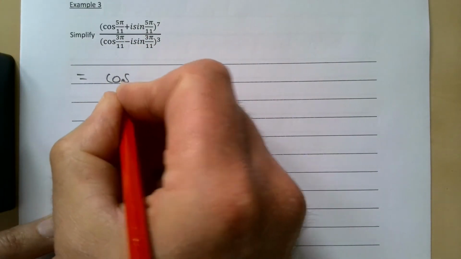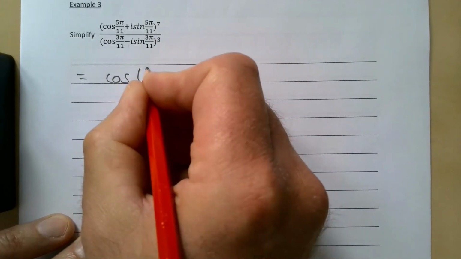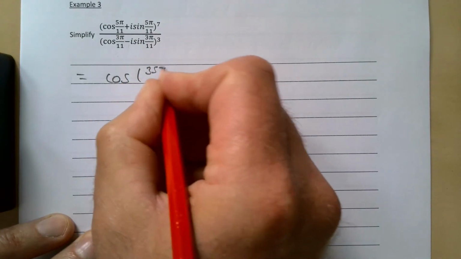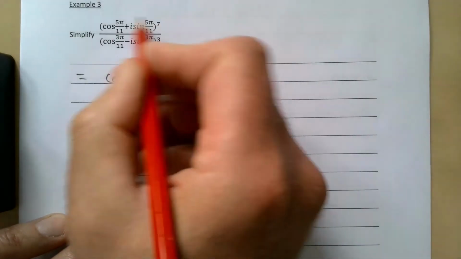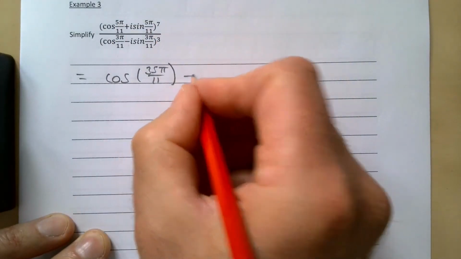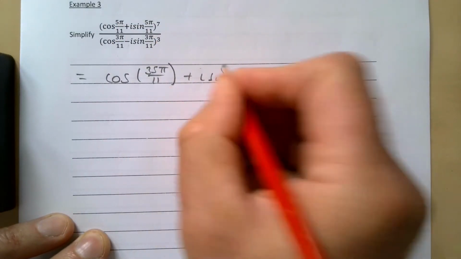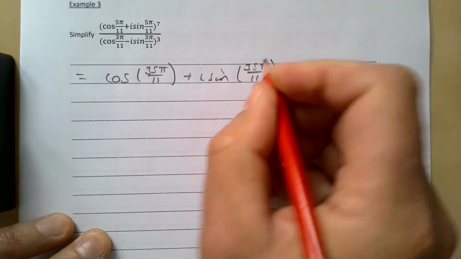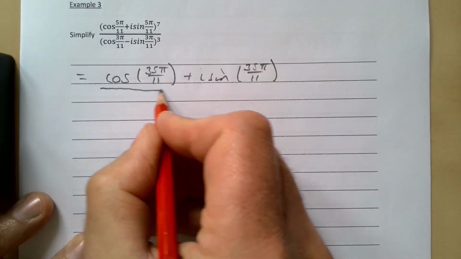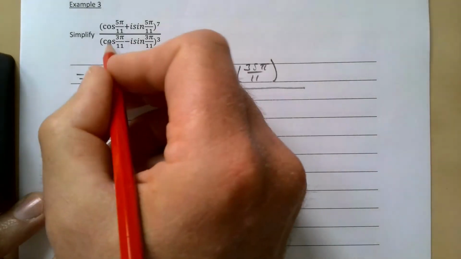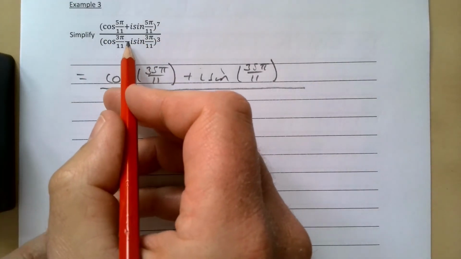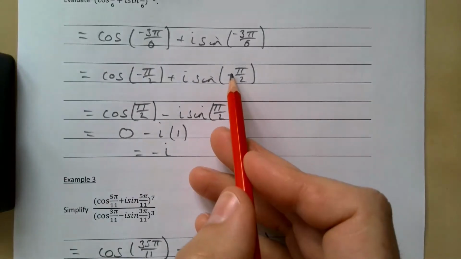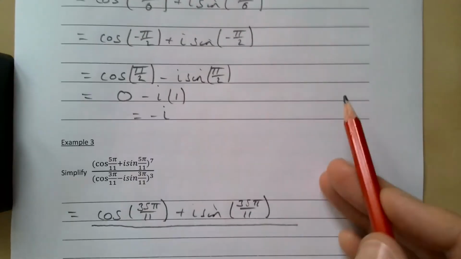So first line of working out, that's going to be cos 35 pi over 11, I've multiplied the 5 by the 7 there, plus i sine 35 pi over 11. No problem with the top line, it's already in the right form. And with this here, we're going to do almost the opposite of what we did up here, and bring the negative into there.